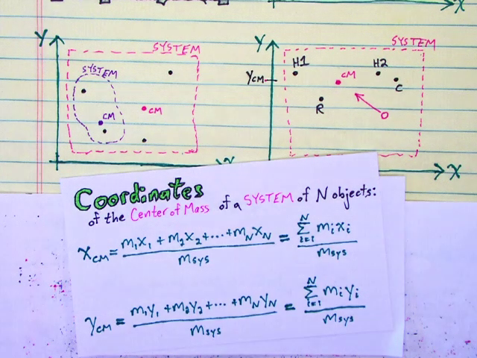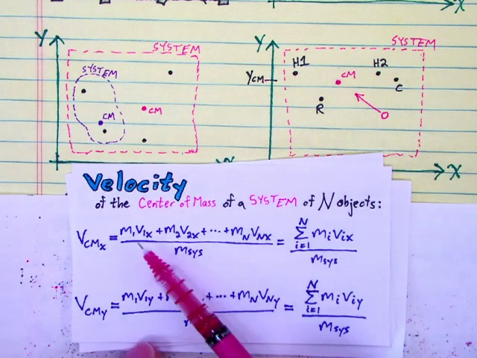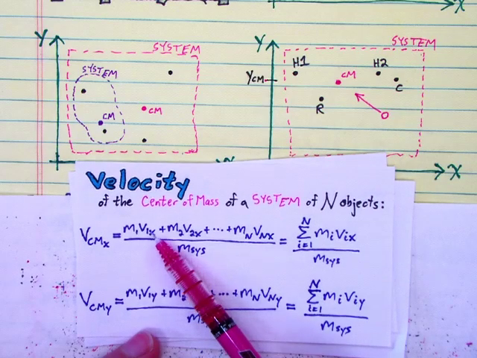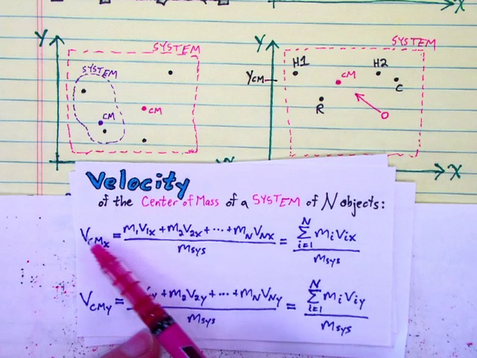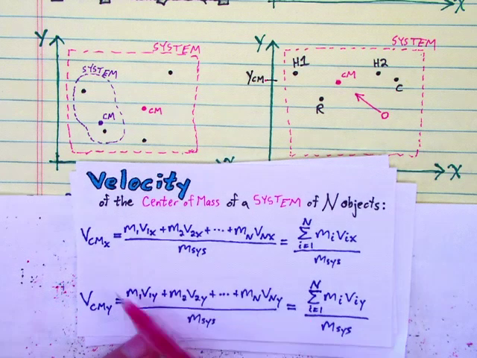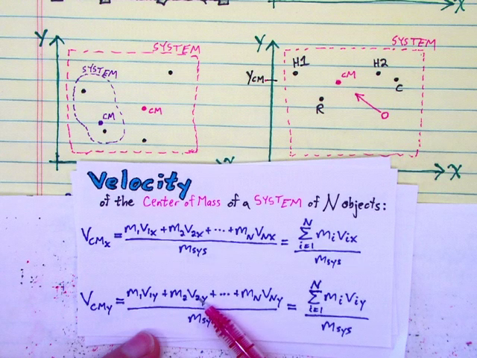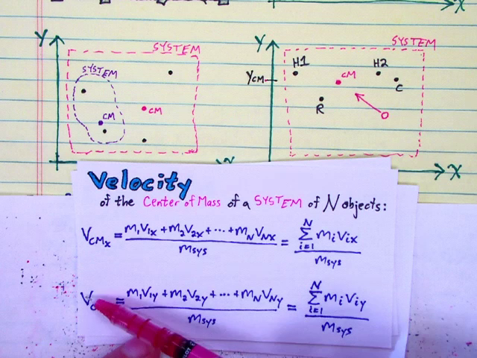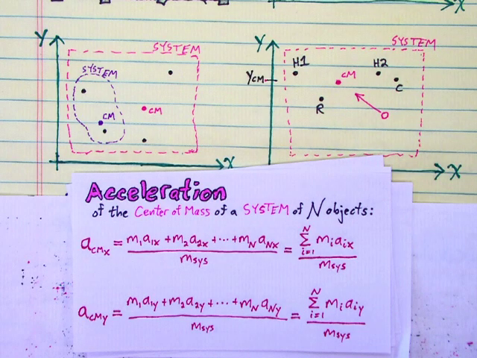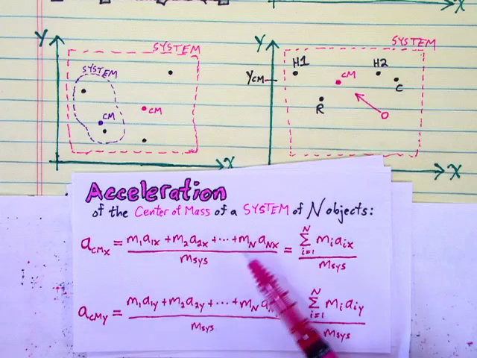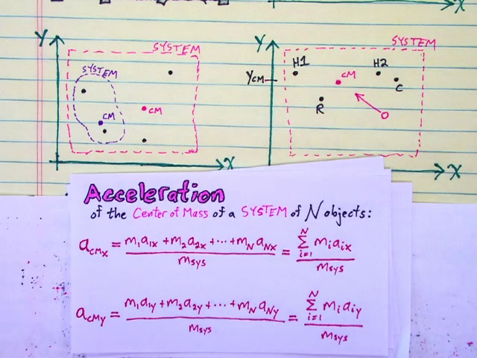Then a very similar set of equations for the velocity of the center of mass of the system, where we just take a weighted average of the x components of the velocities of the individual objects to find the x component of the velocity of the center of mass. And separately, we take the weighted average of the y components of the velocities of the individual objects to find the y component of the velocity of the center of mass. And same thing for the acceleration of the center of mass, the weighted average of the x components of the accelerations and the weighted average of the y components of the accelerations.